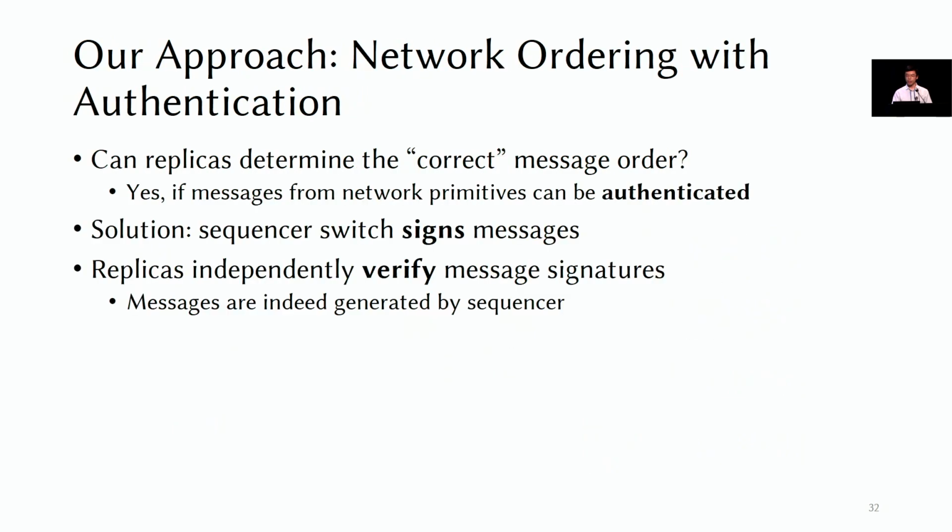To solve this problem, we need to find a way to let replicas determine the correct message order, and the answer is authentication. Our solution is to let the sequencer switch sign the messages and let replicas independently verify message signatures to make sure that messages are indeed generated by the sequencer.